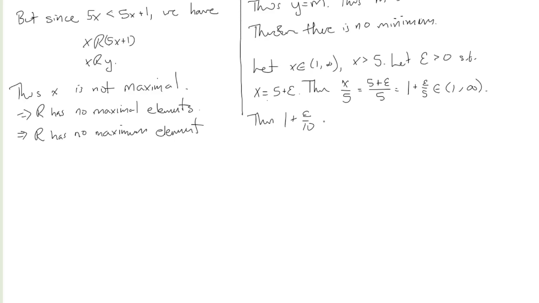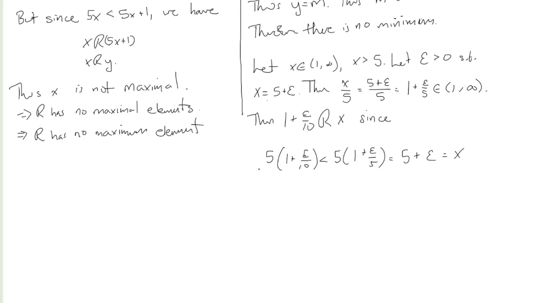All right, so then this is related to x, since 5 times 1 plus epsilon over 10 is certainly less than 5 times 1 plus epsilon over 5, which is 5 plus epsilon, which is x.